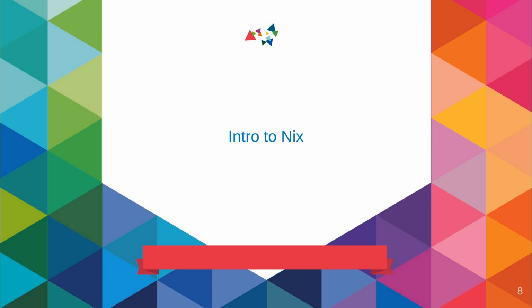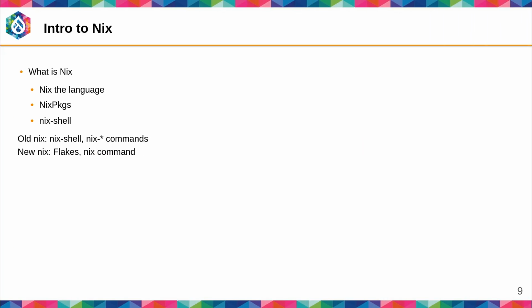So starting out here with the intro to Nix. What is Nix? Nix starts with being a language. It's a functional programming language. And the main purpose of it, the main target of it, is a package manager. So those to me seem like the fundamental things that Nix is.